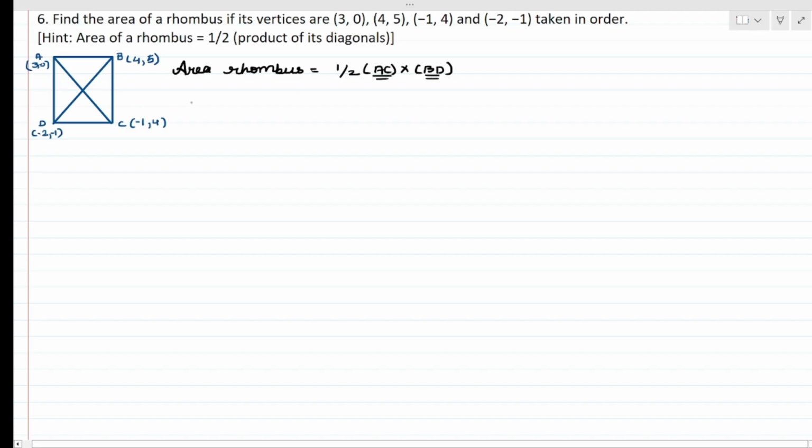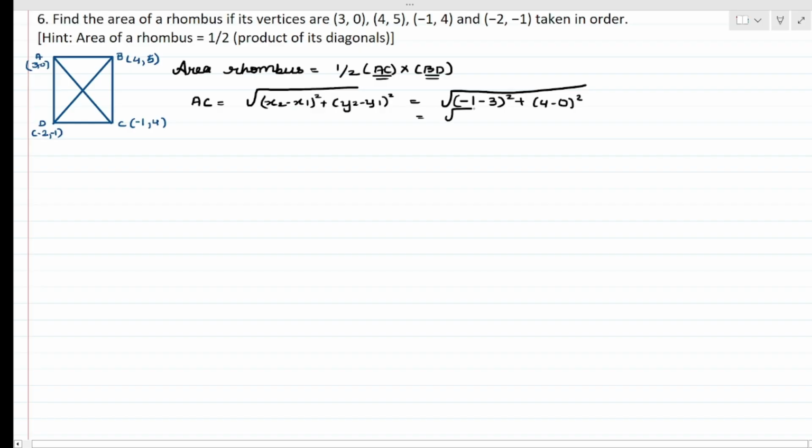So without any further ado, just find the distance of AC. Apply your distance formula: under root of (x2 minus x1) the whole square plus (y2 minus y1) the whole square. For this case, my x2 will be the coordinates of C. That means (-1 minus 3) the whole square plus (4 minus 0) the whole square.